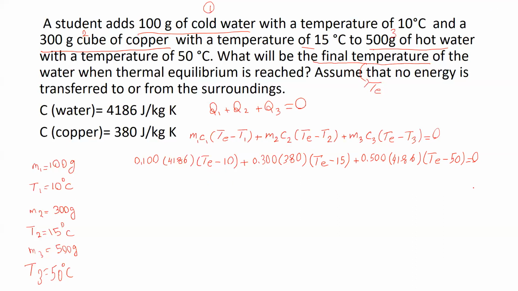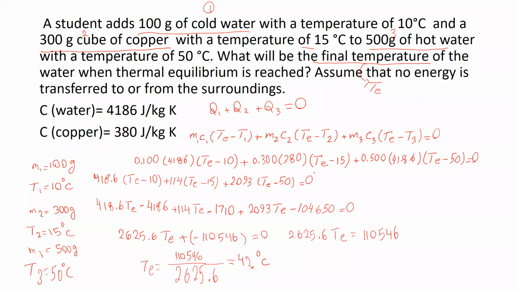Okay, so we go through this. As you can see here, we have this equation, and then we multiply this number by this number, and this one by this one, and this one by this one, and we make it into this simple equation.